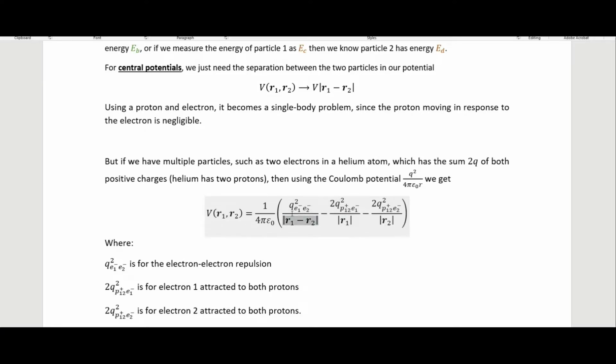So this first one, which is positive, because remember, in the Coulomb potential, positive is repelling and negative is attracting, is for the electron repulsion. This second one is for the first electron attracted to both protons, so treating both protons in the nucleus as sort of a 2+ charge, and then this last term here is the second electron attracted to the 2 protons in the nucleus.